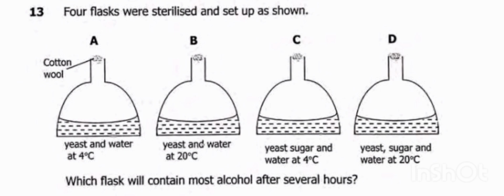But let's look at B and D. We have a temperature of 20 degrees Celsius in both B and D. Now, for this process to be effective, we need to have sugar, because remember, alcoholic fermentation is the breaking down of sugar or glucose.